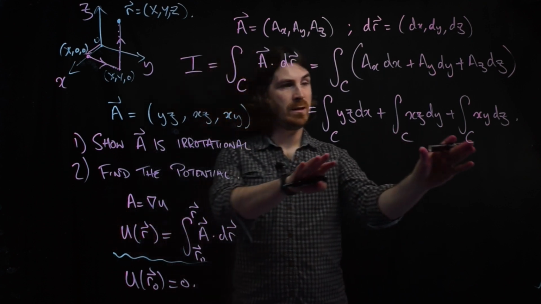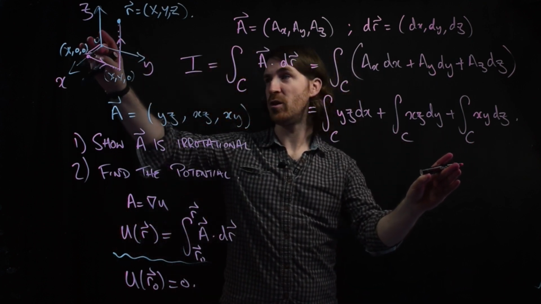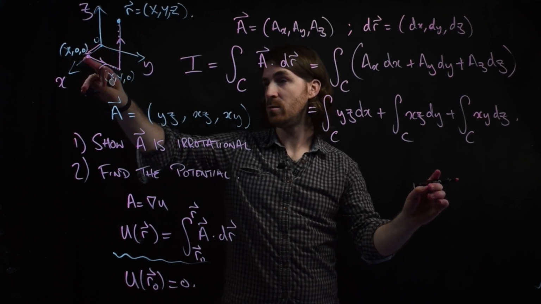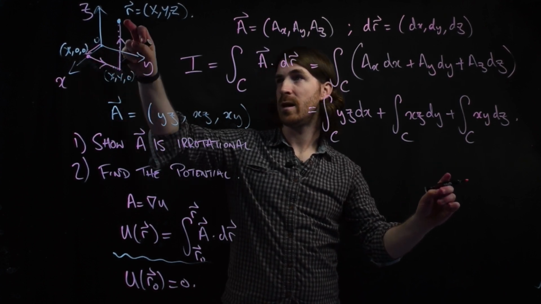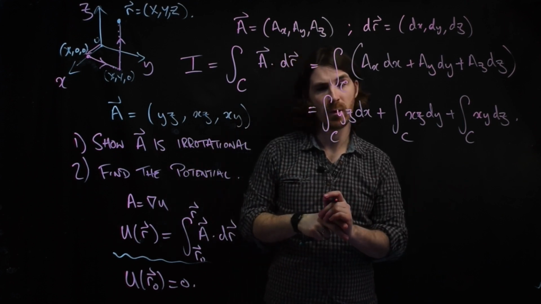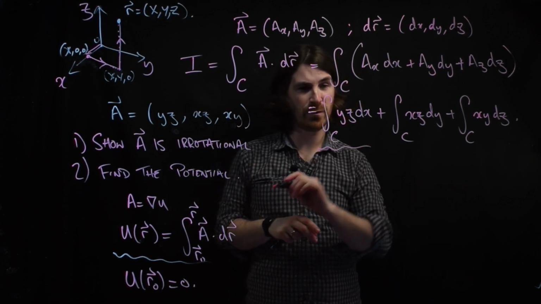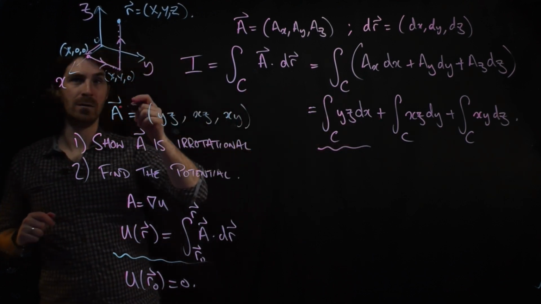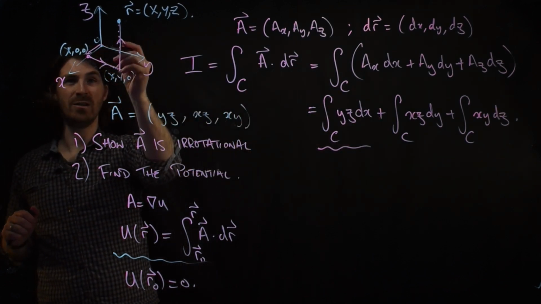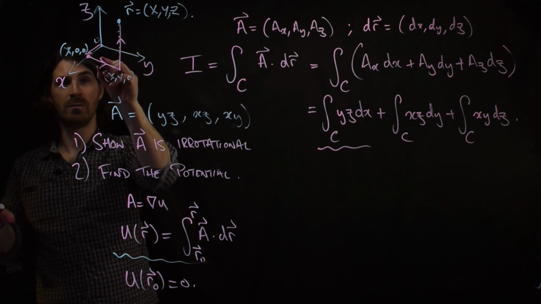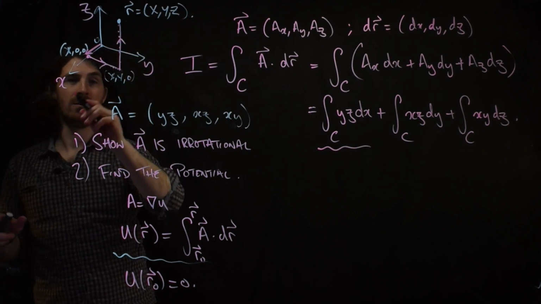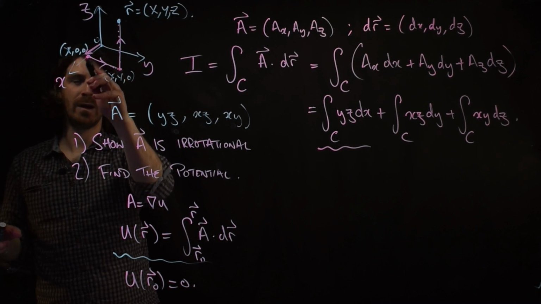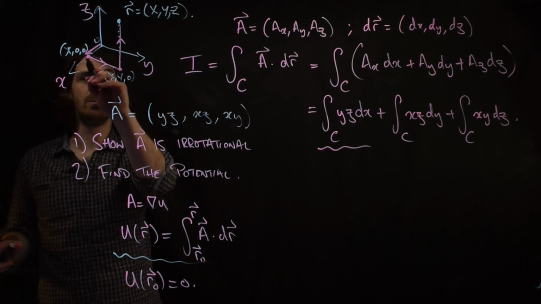Alright, so let's look at these integrals along this curve that goes from the origin to this point x, 0, 0 to x, y, 0 to x, y, z. So let's focus on the first one. It's got a dx. Okay, so dx changes along the first part of the curve, this bit. Okay, but from this point to this point, x doesn't change, so dx is 0.